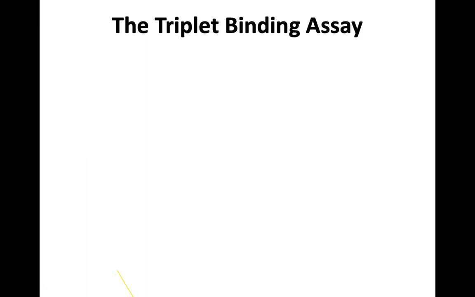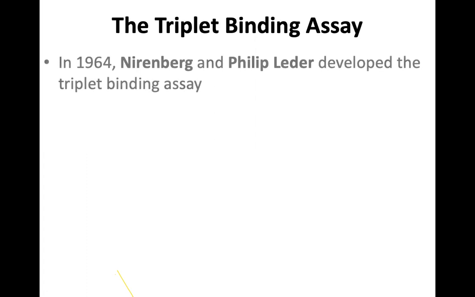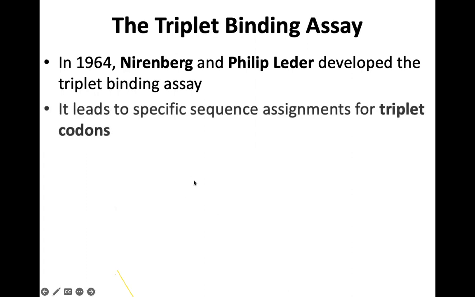the triplet binding assay. In 1964, three years after the discovery of the RNA, Nirenberg and Philip Leder developed the triplet binding assay to exactly describe each triplet which is encoding for the respective amino acid.